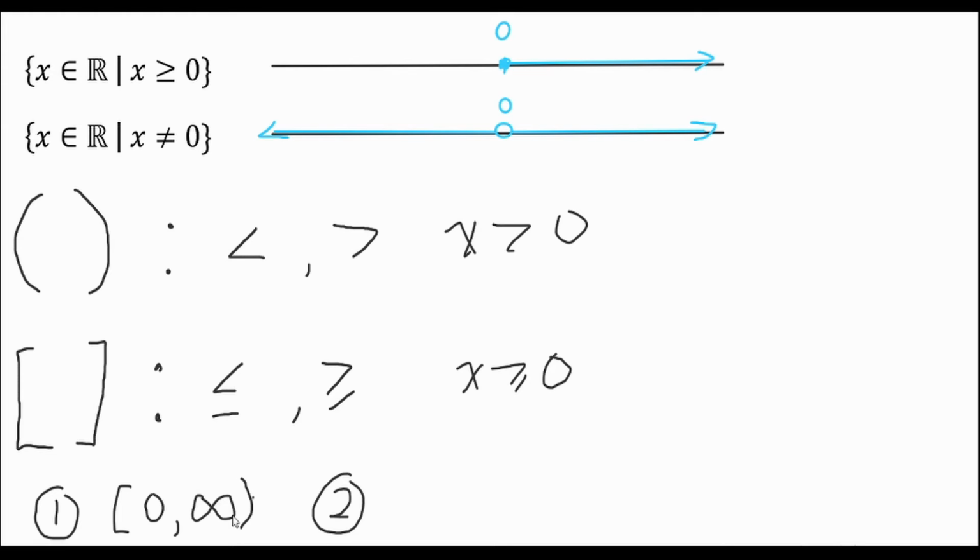So we're going to do the exact same thing as we did here, except we're going to start from negative infinity because that's allowed from our set builder notation. Negative infinity all the way to 0. Notice that the 0 is not included, so we have to end it with a parenthesis. We have a U here. U means union.